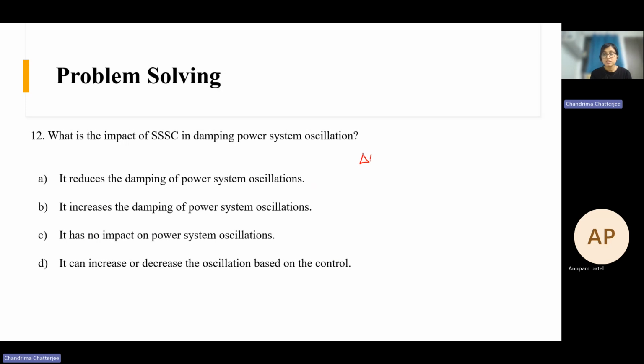So del delta by del T, it senses the change in frequency and then proper corrective actions are taken to damp the oscillation. Okay. So it increases the damping of power system oscillation.